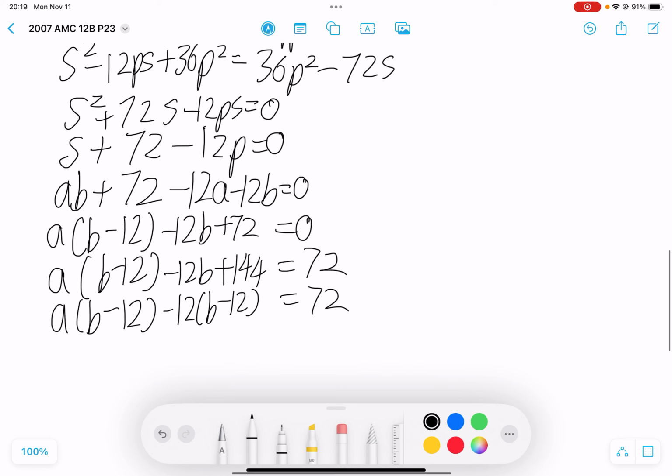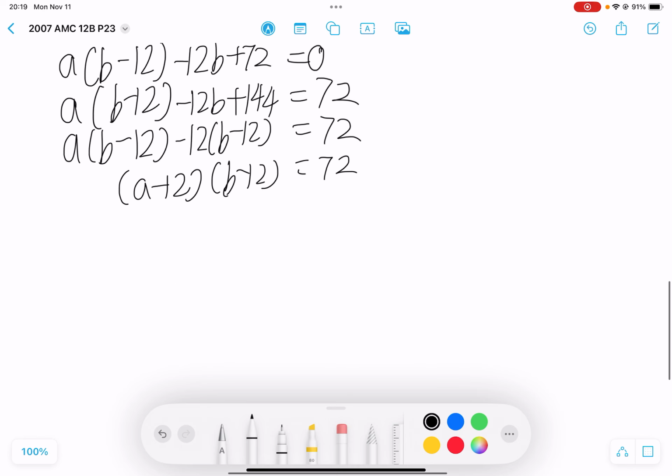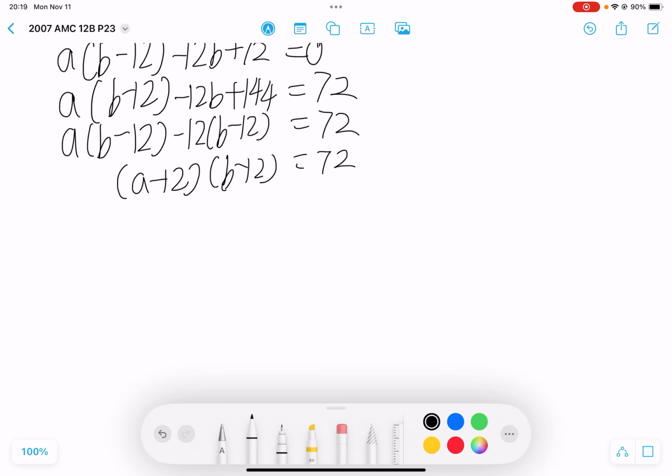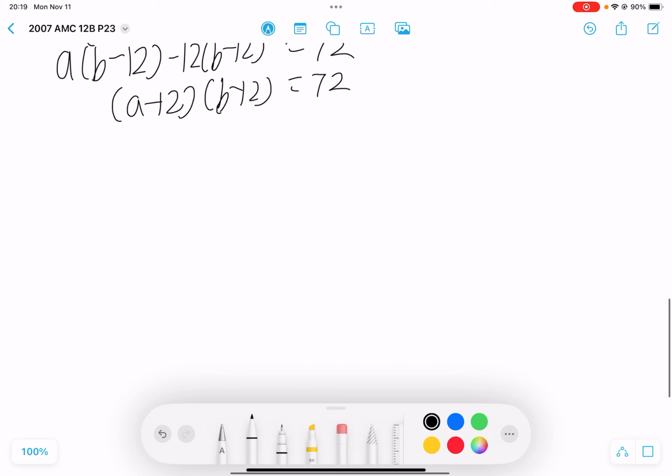So now you can factor this out. It basically says a minus 12 times b minus 12 is 72. Which is indeed what we want, because now we can list out all the factors of 72 and find a and b, and find the number of solutions for a and b, because that's what the question says.